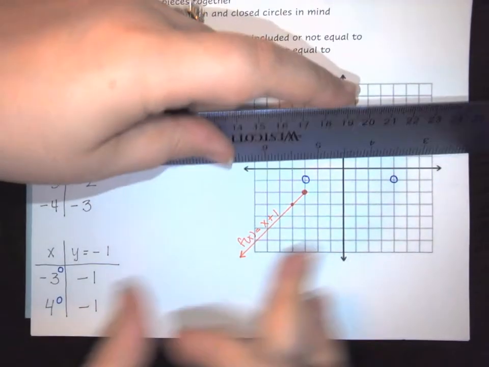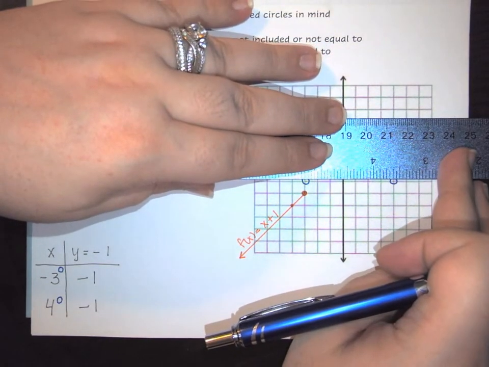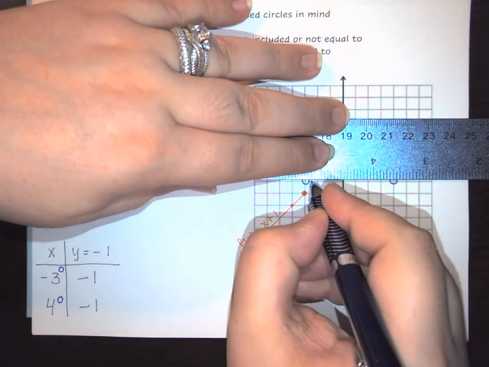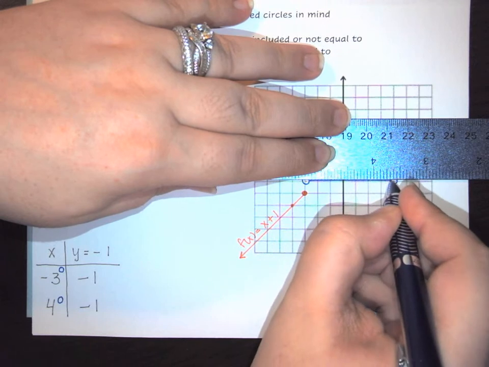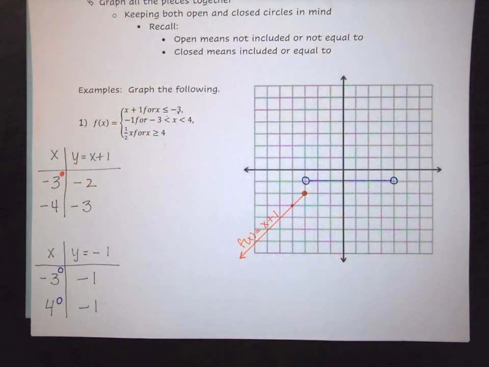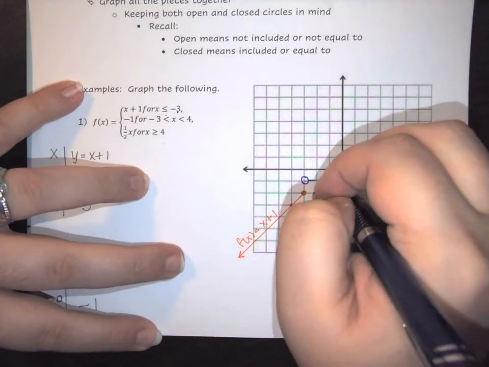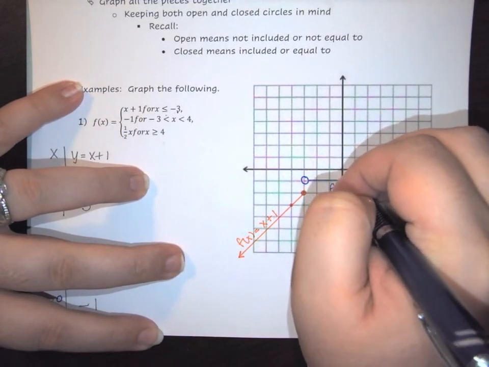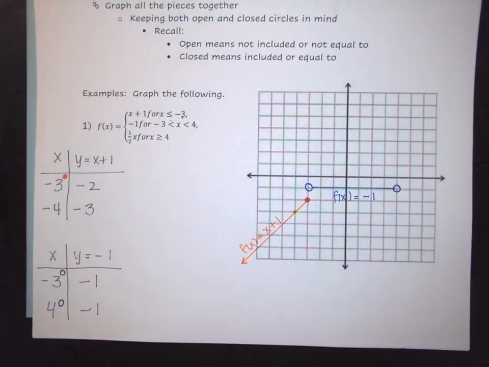And then I'm going to connect between these two. So connect these dots right here like this. And there would be our second piece. So with that, this is going to be that f of x equals -1.